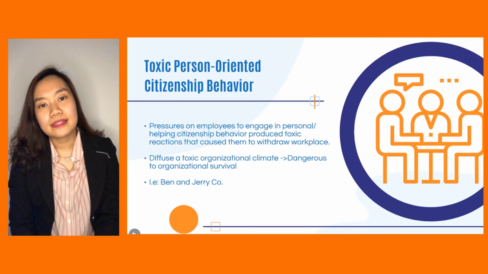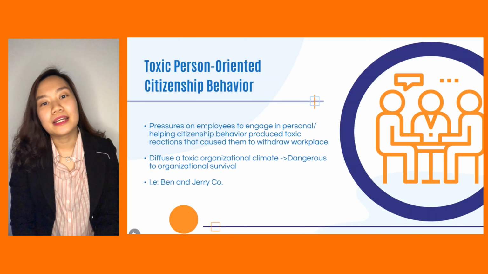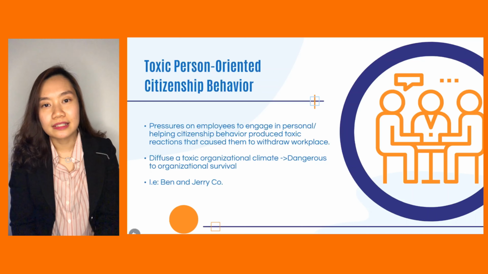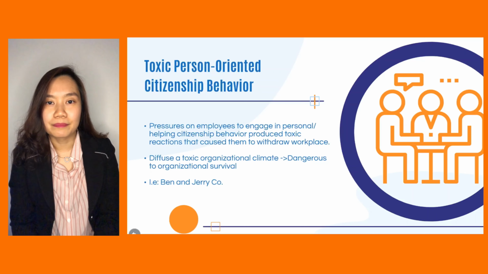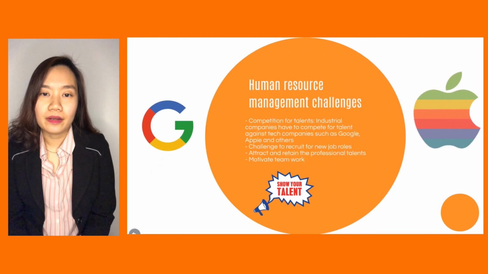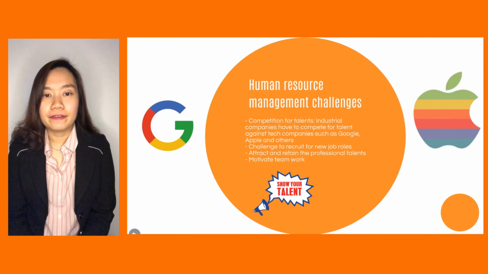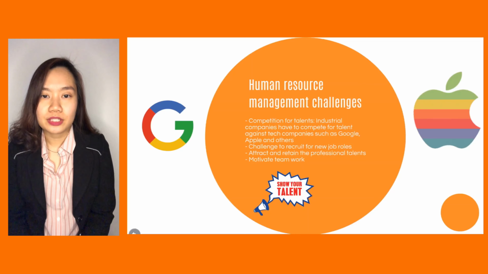We can see from this example how person-oriented citizenship behavior impacts negatively on the company's reputation, profitability, and employees' redundancy. Besides the problems caused by person-oriented citizenship behavior that I mentioned above, leaders also have to face human resource challenges.